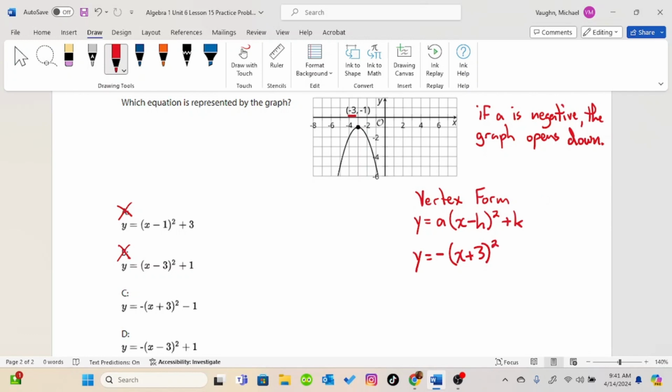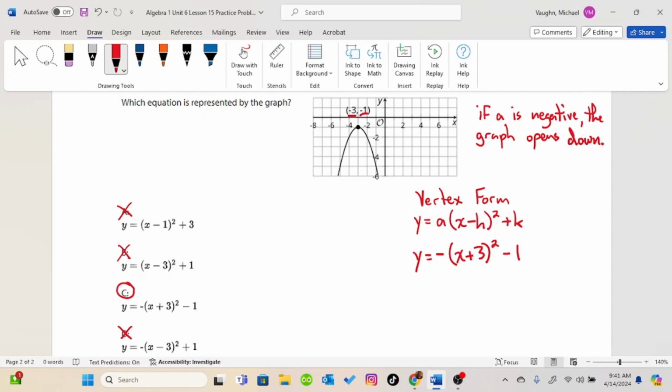Then we have K. And right here they tell us K is negative 1. So plus negative 1 becomes minus 1. And if you notice, we have the wrong symbol for 3 on D and the wrong symbol for 1 on D. So it cannot be D.